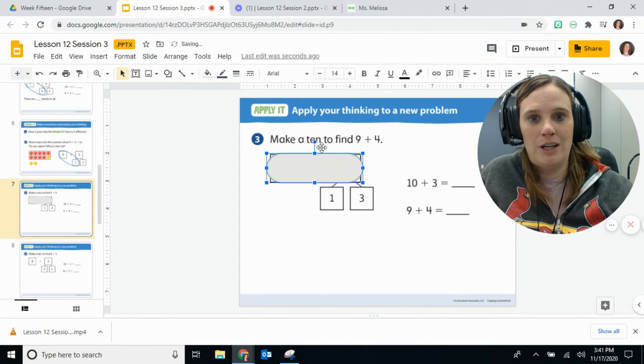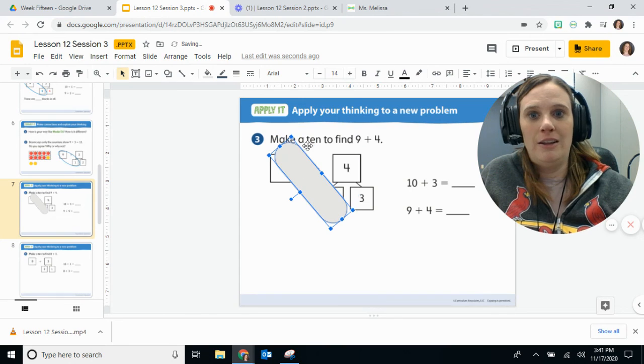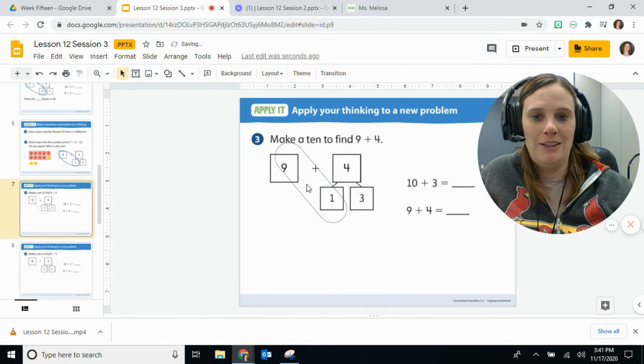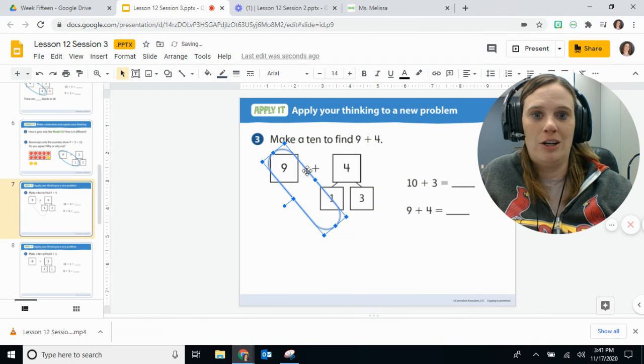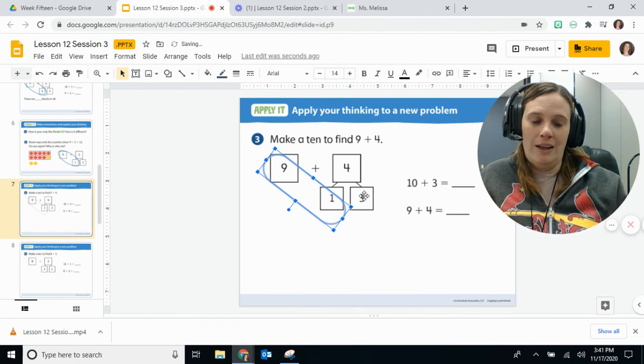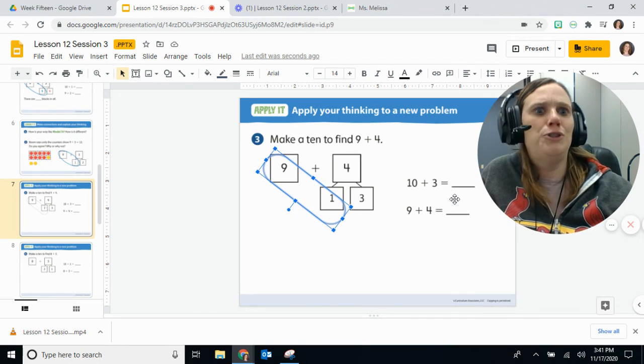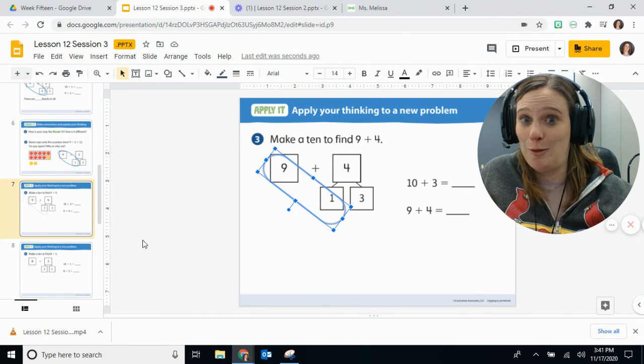And then we're going to drag it like this. Yep. And then we're going to make it clear. There you go. Look. So you're going to loop it together like that. And then you've got 10 plus 3 is one way to do it. And then 9 plus 4. And you should come out with the same answer for both of them, right?